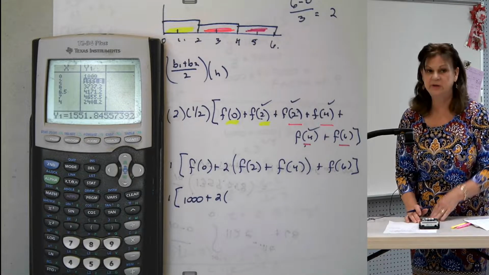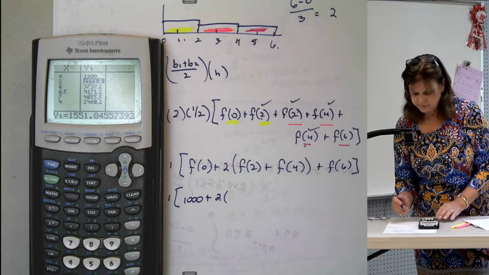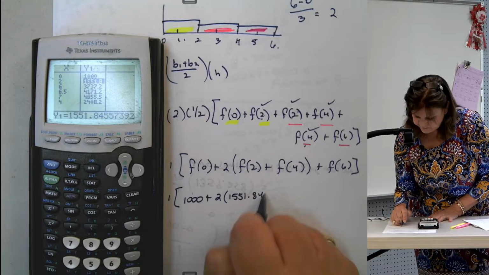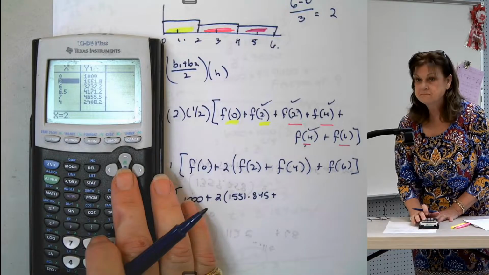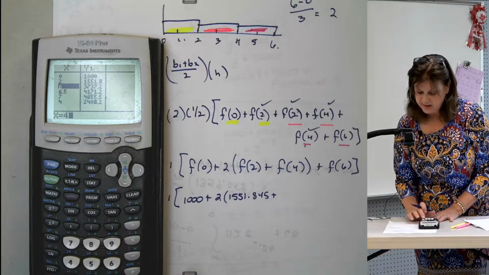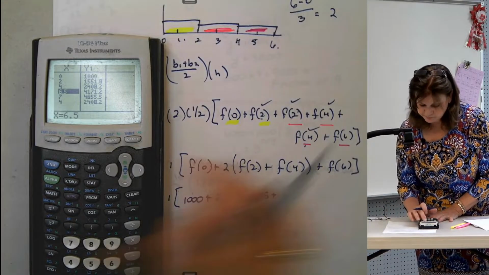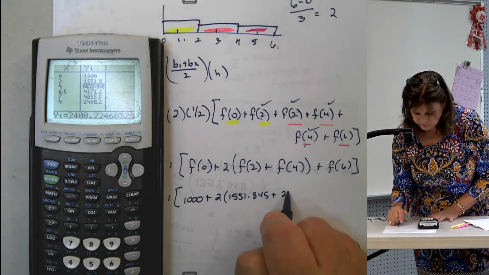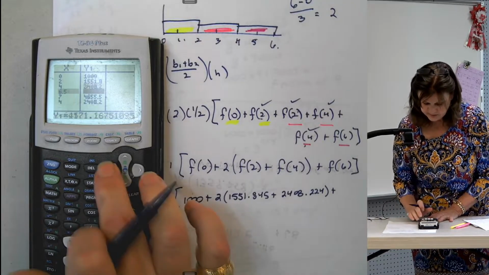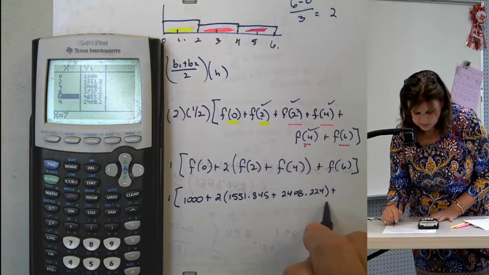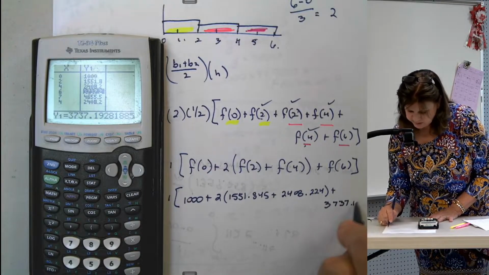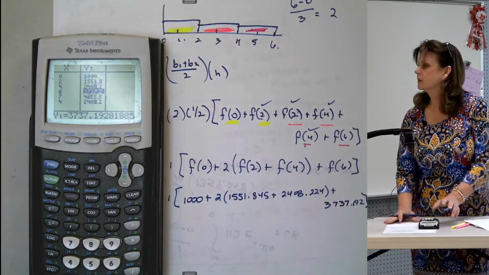So I've got 1551.845. Okay, and then f of 4 gives me 2408.224. And then f of 6, 3737, whoops, 0.192. Okay.